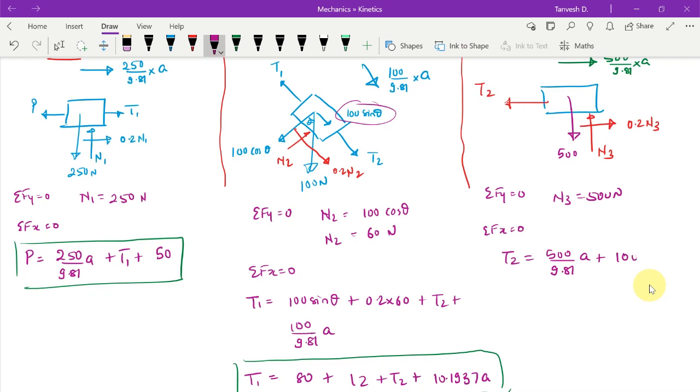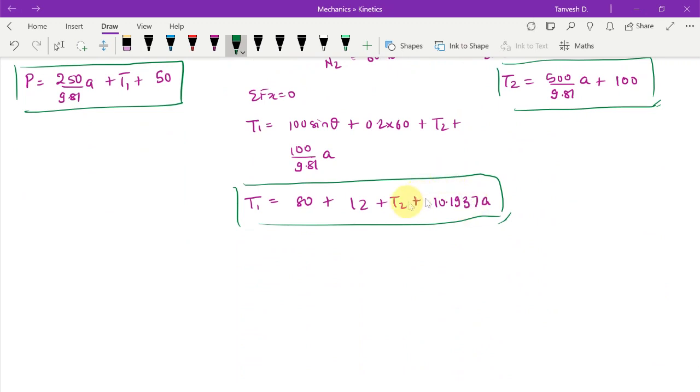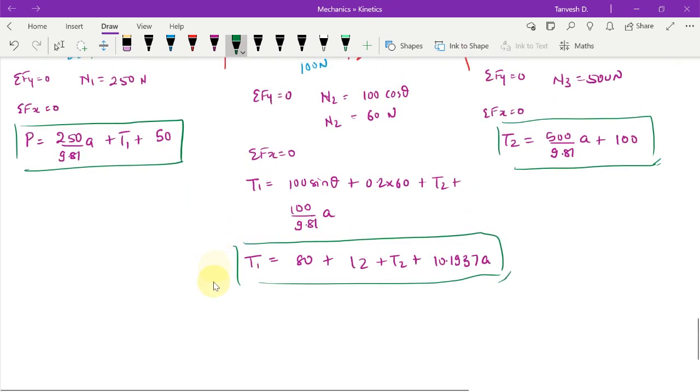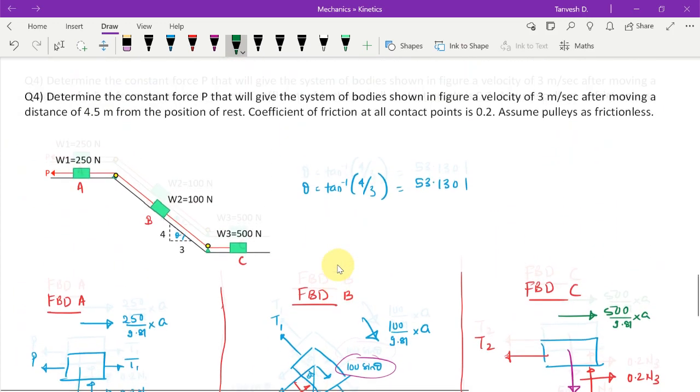Yes, 100. Fine. So we got one more equation, T2 is equal to something. Now if we find this A, somehow we'll be able to find T2, then T2 and A we can put here, we can find T1, then T1 we can put here, we can find P. So what else is given?